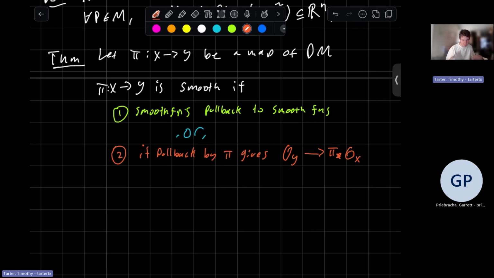I know it's around here somewhere. Okay, it's push forward.